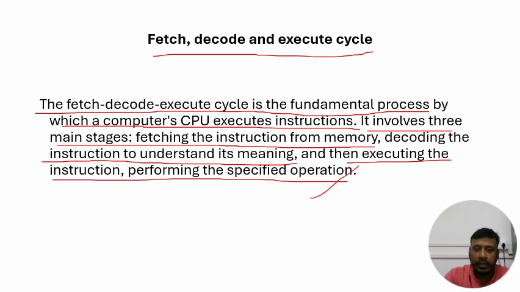The fetch, decode, and execute cycle is also known as the instruction cycle. It is the basic operation cycle of a computer CPU that happens every time the processor runs an instruction from memory.